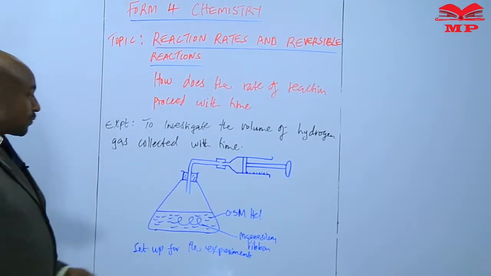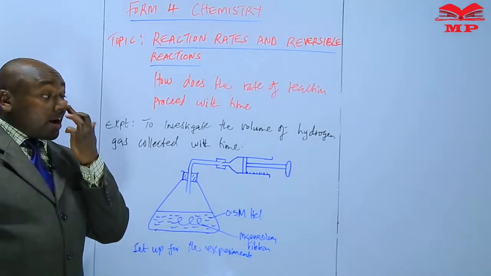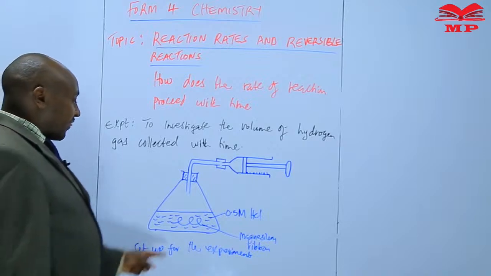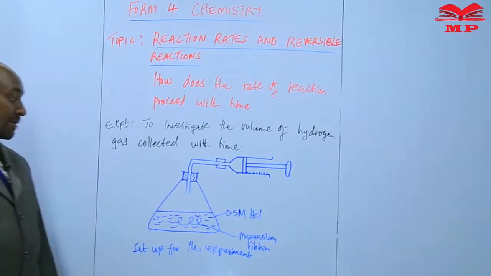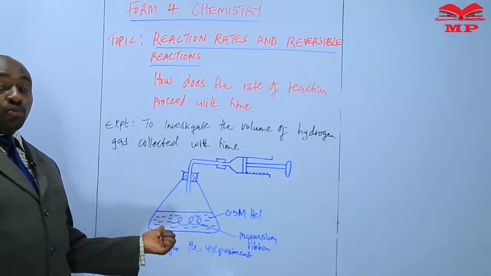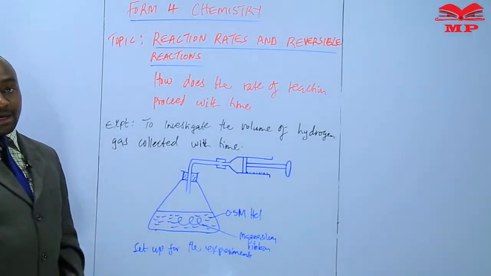On this, we are going to measure about 2 centimeters of a clean magnesium ribbon. Then we put it in a flask, and then we add about 100 cubic centimeters of 0.5 molar HCl.